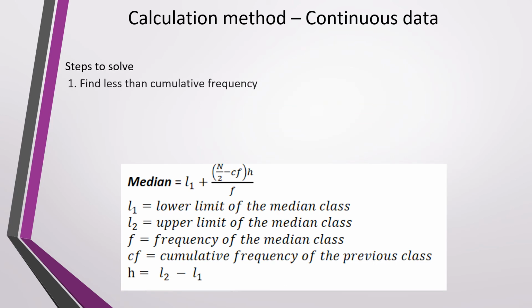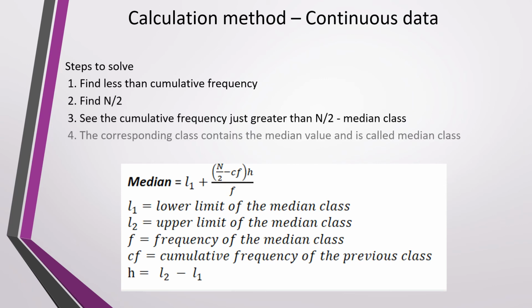Calculation method: find the less than cumulative frequency and n by 2. The class with cumulative frequency just greater than n by 2 is the median class. The corresponding value contains the median class value. The value of the median is obtained by this formula: L1 plus (n by 2 minus CF) upon F, into H. L1 is the lower limit, L2 is the upper limit.